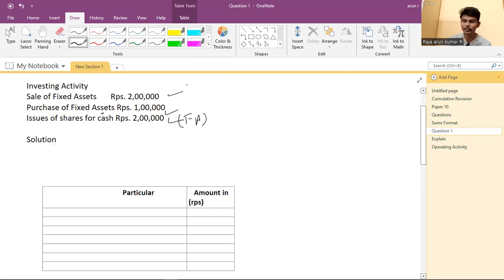This is a basic sum. I recommend you do the basic sum. And issue of shares for cash, 2 lakh. Then they are asking for investing activity, how do you derive it? Here I put the format.